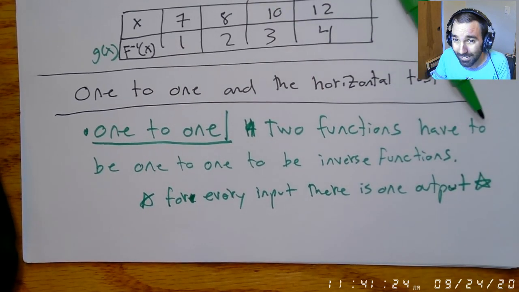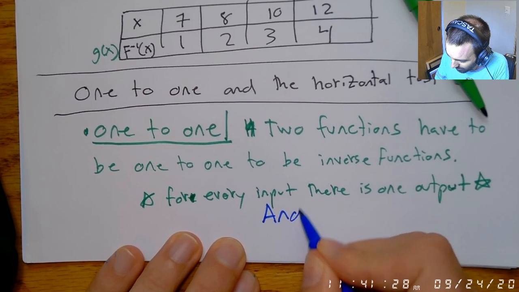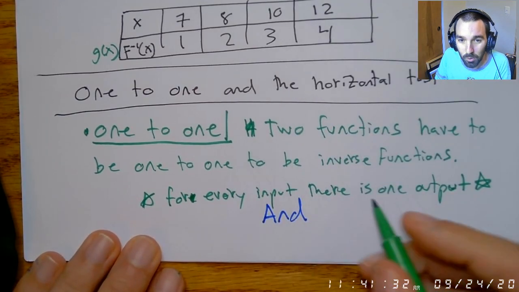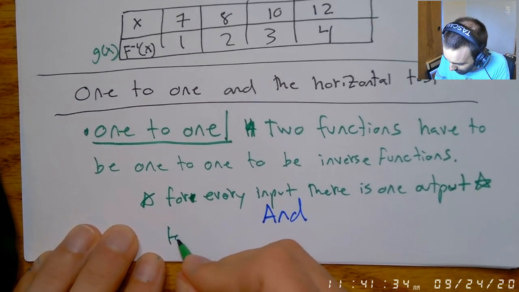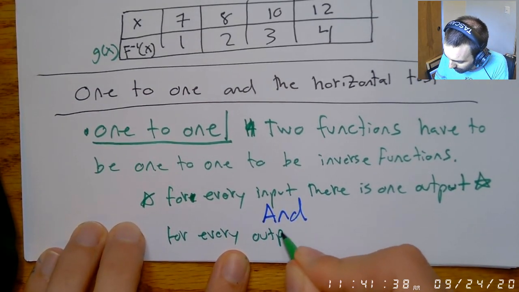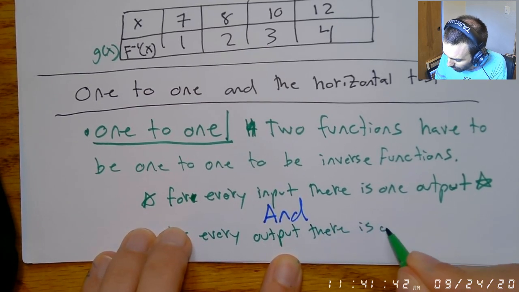So what makes this different is this word, and. For every input there is one output, and for every output there is one input.